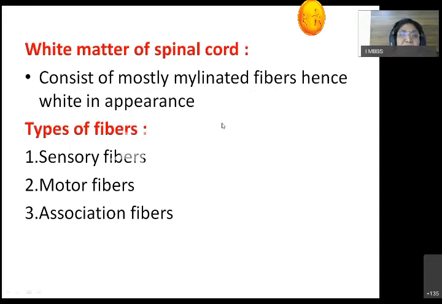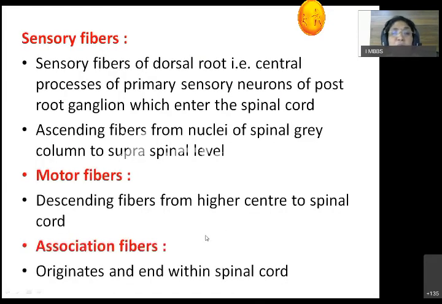And there are three types of fibers present in the white matter of the spinal cord. One is sensory fibers, another is motor fibers, and the third is association fibers. Now, what do you mean by sensory fibers? These are the fibers which are coming from the dorsal nerve. They are mainly the primary central processes of cell bodies present in the dorsal root ganglia.